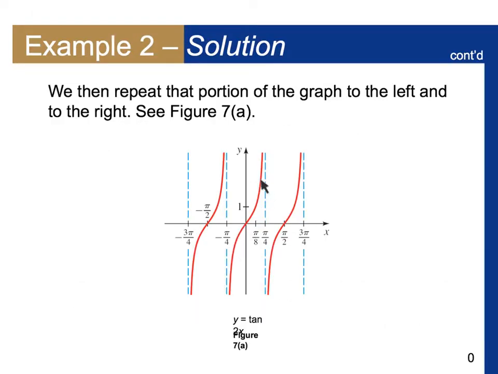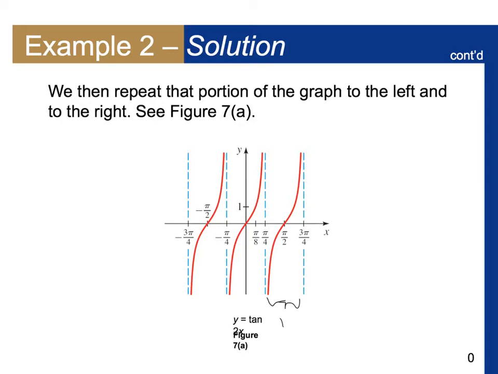So we can see our tangent graph, instead of going from minus pi over 2 to plus pi over 2, is going from minus pi over 4 to plus pi over 4, and then it repeats in the same fashion. So now that our cycle is only pi over 2, the next one would be minus 3 pi over 4 to minus pi over 4, where the next tangent cycle would be. And then going this way, we go from pi over 4 to 3 pi over 4. So you notice that this distance here is no longer pi, right?